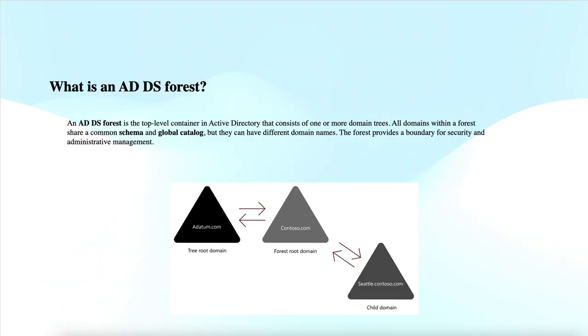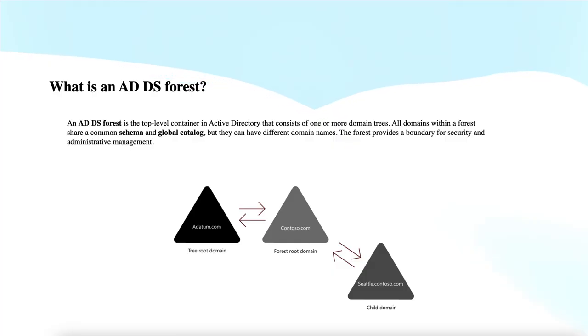I have done a separate video on the FSMO roles and how to deal with them. I will put the link in the description of this video for your reference. You can watch that video for working with FSMO roles, how to transfer or seize these FSMO roles. That has been covered separately to keep the length of this video short.